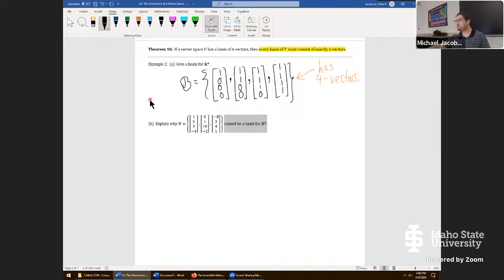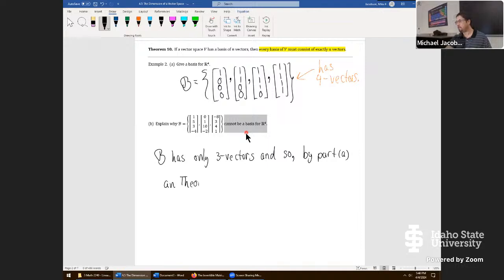But you could even argue slightly differently by saying B has only three vectors. And so, let's just put a disclaimer here by part A. And theorem 10.